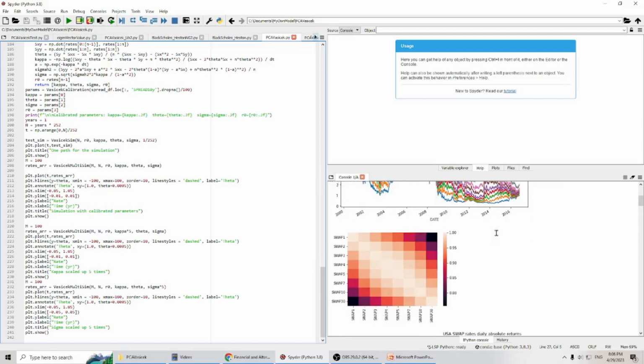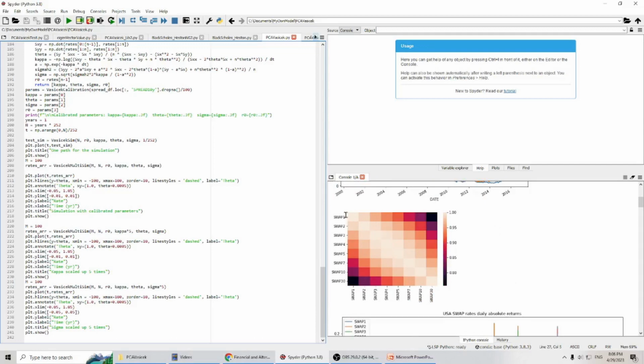And also, you can check the correlation between different tenors of the swap rates. Obviously, the swap rate will have very high correlation, it's 100% with itself, and then it decreases when the tenor becomes longer and longer.